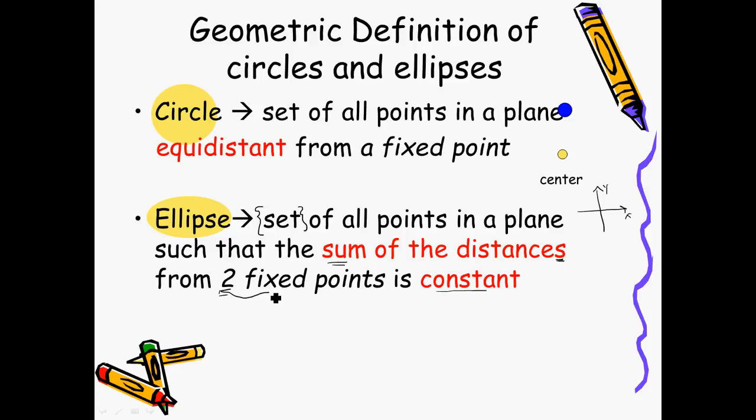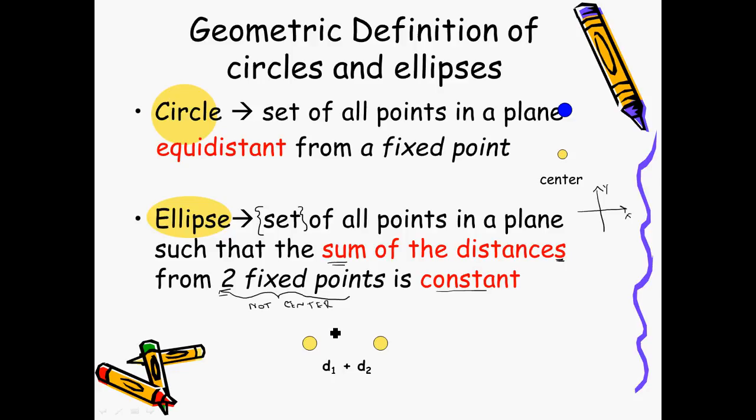These two fixed points are not the center. The center is one point. So for an ellipse, I have to pick 2 points and stick with them. Those 2 points aren't going to change.